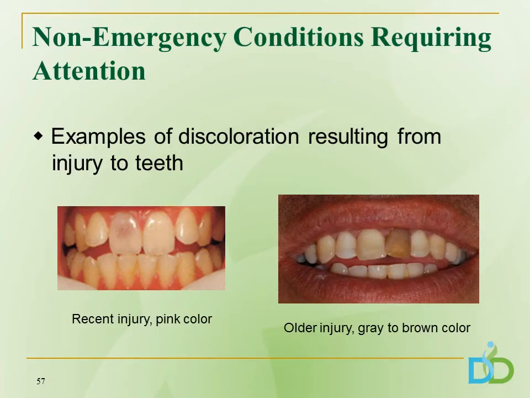So it's kind of like a bruise in the skin that appears blue and then black. When it's turned this grayish or brown color, that pretty much means the tooth is dead and it needs to be treated. The treatment for these situations usually requires a root canal treatment, and if that's not possible, then extraction of the tooth may become necessary.